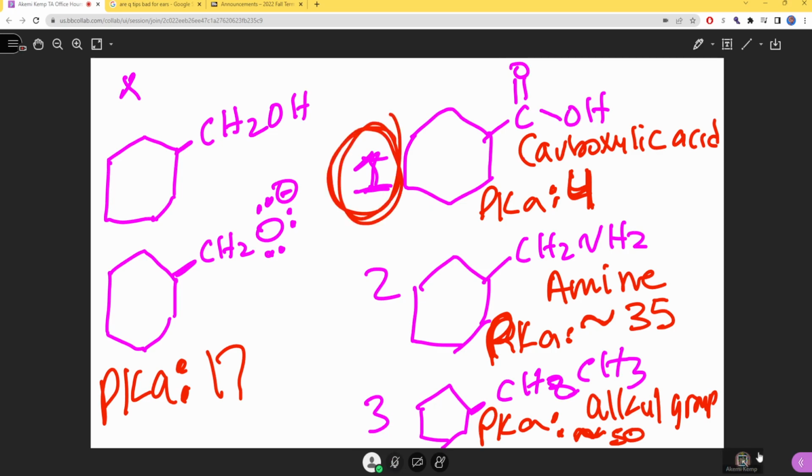It can't deprotonate the amine because the pKa is too big. It won't work. And it definitely can't deprotonate an alkane because it's about 50, which is way bigger. So it can only deprotonate a carboxylic acid because its pKa is lower.